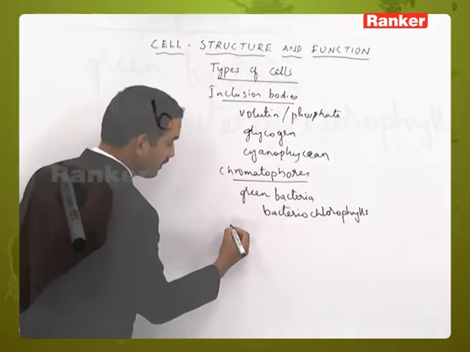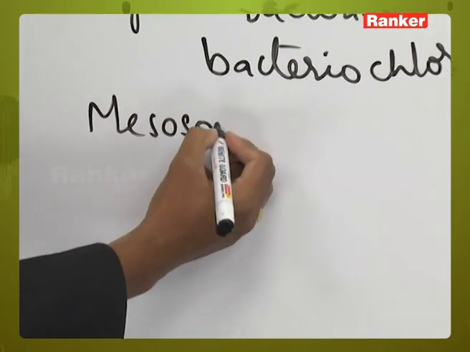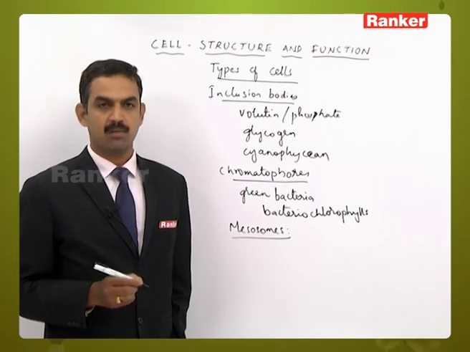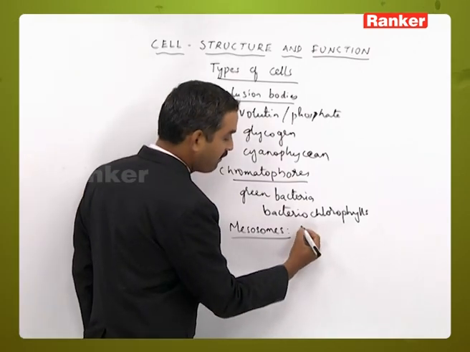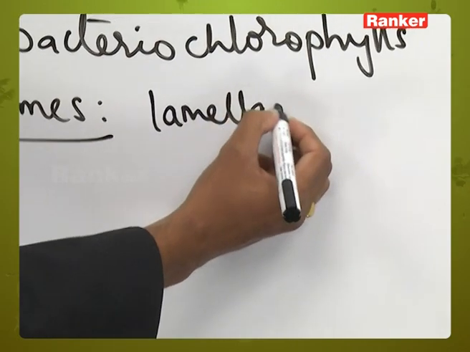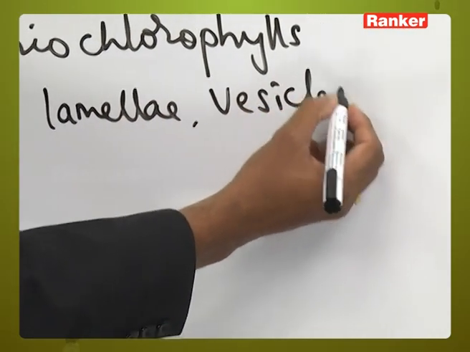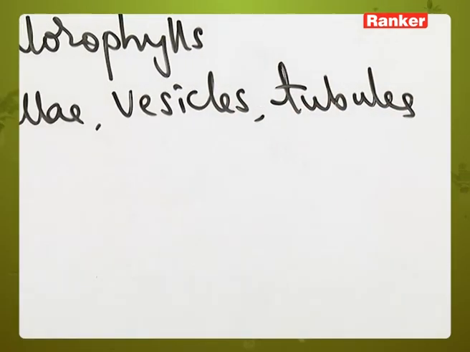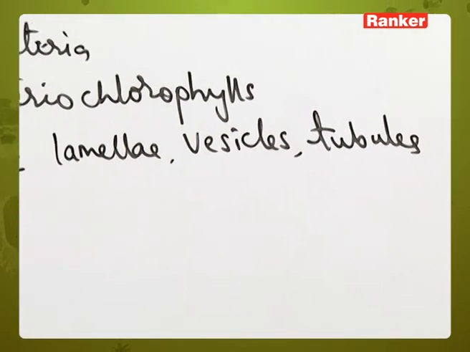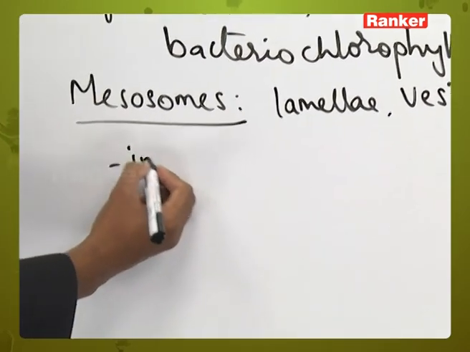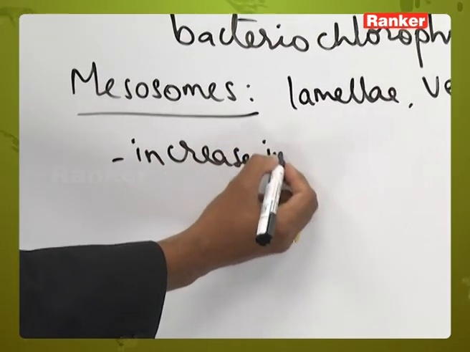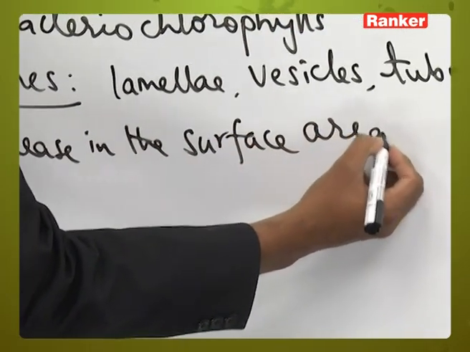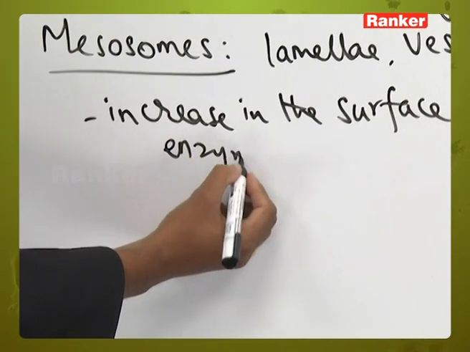Then mesosomes, which are the inner foldings extended into the cytoplasm of the bacteria. These are made up of lamellae, vesicles and tubules. These are concerned with various functions related to the bacterial cell, such as an increase in the surface area and also enzymatic activity.